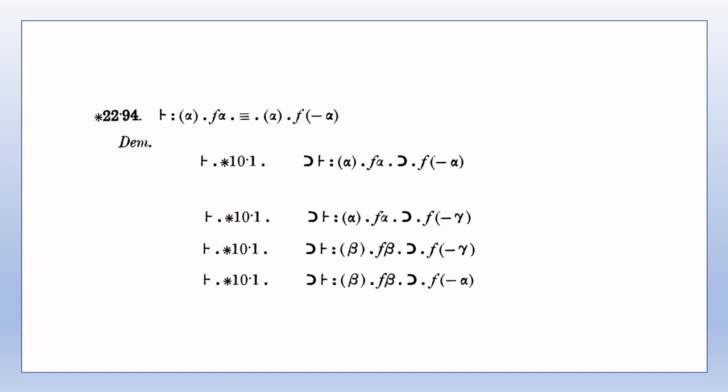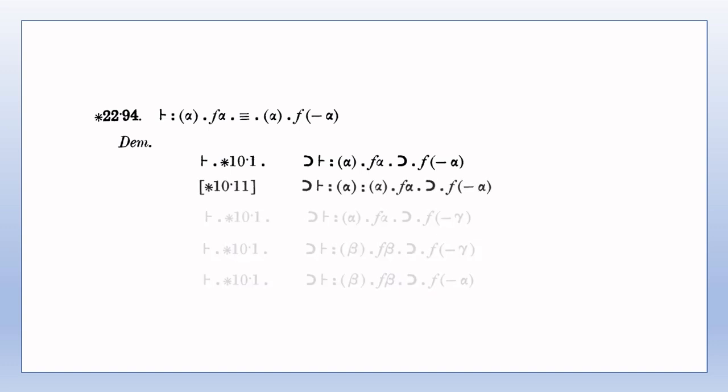Now, just before moving on, it's interesting, for me at least, to note that Whitehead and Russell cite proposition 10.1 being used here, rather than 20.61. And now in the next line of the demonstration we see that 10.11 is used, and this would give the assertion as shown. Now clearly there are two apparent variables, each using the symbol alpha.